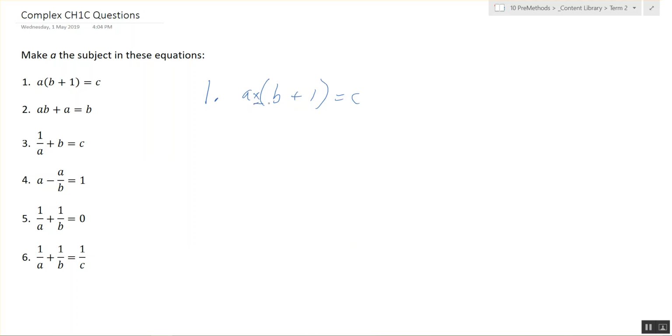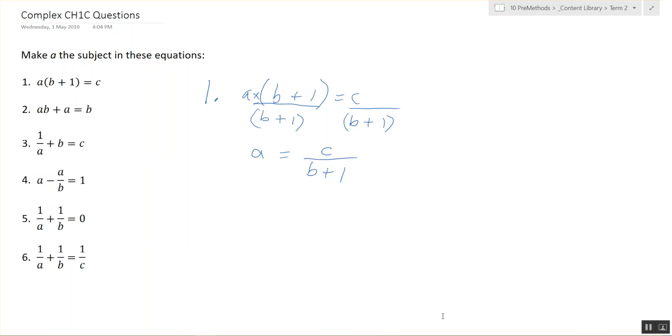So we're going to divide the whole thing by b plus 1. Whatever we do to one side of an equals, we have to do to the other side. So our final answer is a equals c over b plus 1.